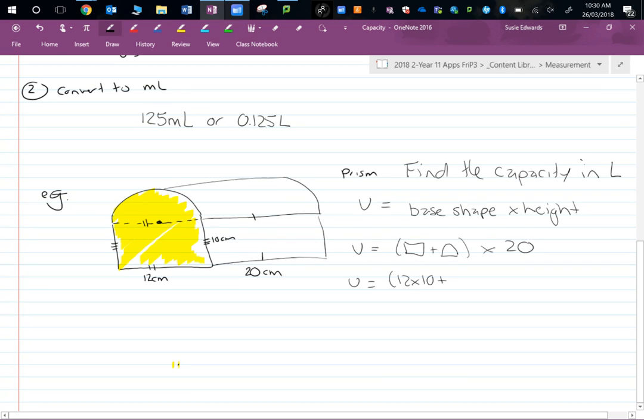Semicircle, sorry, it's not a hemisphere, it's a semicircle, yes? Good, so we've got half, and what's pi? Chelsea, what's pi? Sorry, what's the radius? I can't talk today. 6. So half times pi times 6 squared, all times by 20. Can a couple of people put that in their calculator, please?